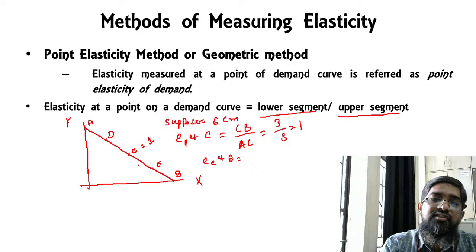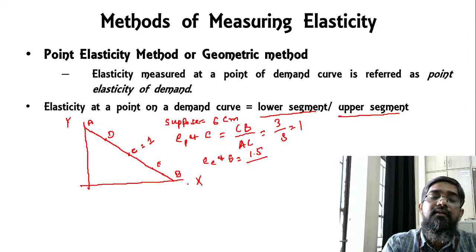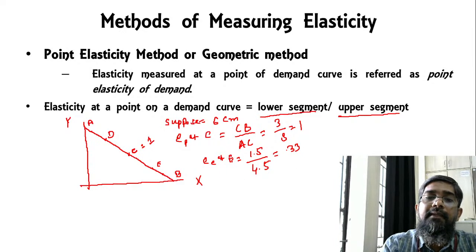We said it is half of CB, CB is 3 centimeter, so half is 1.5. 1.5 divided by the upper segment. The total length is 6, so the remaining will be 4.5. So 1.5 upon 4.5 will be almost 0.33, right? At point E, your elasticity will be equal to 0.33.